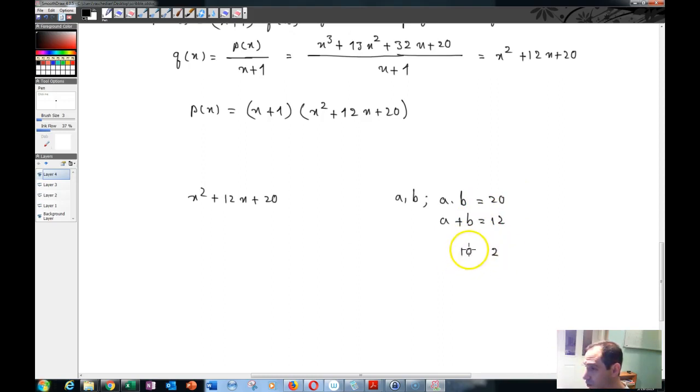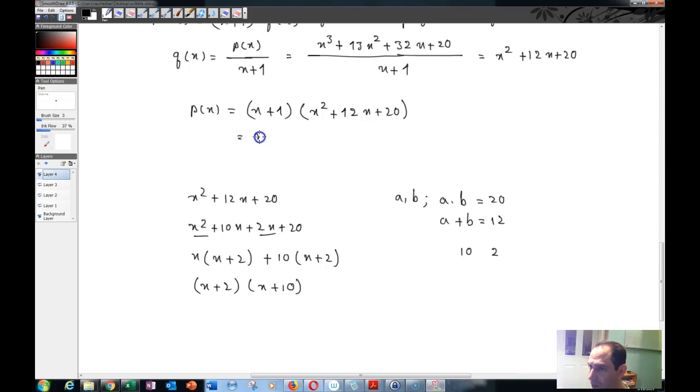So 10 times 2 is equal to 20, 10 plus 2 is equal to 12. So x squared plus 10x plus 2x plus 20. And you can take, for example, these two together, x times x plus 2 plus 10 times x plus 2. That is x plus 2 times x plus 10.